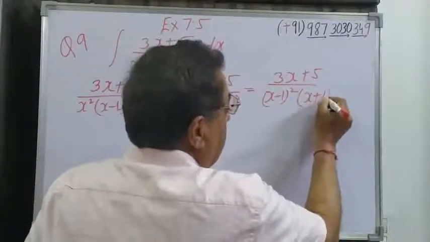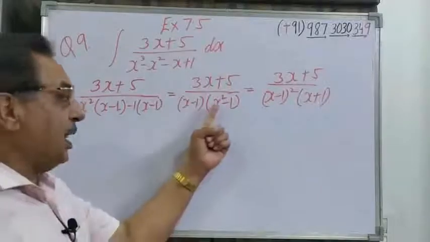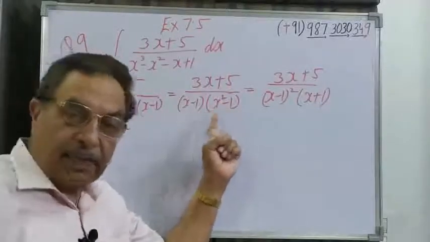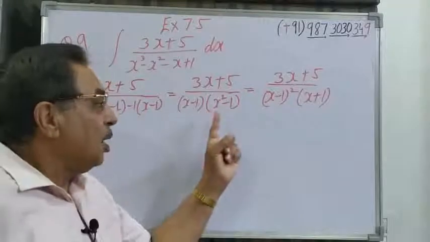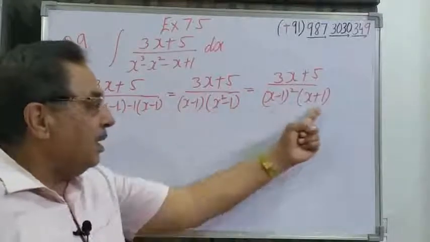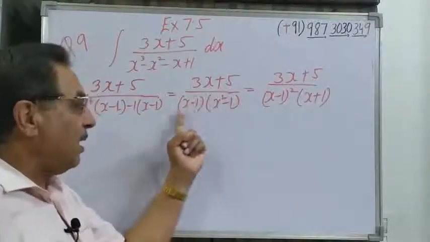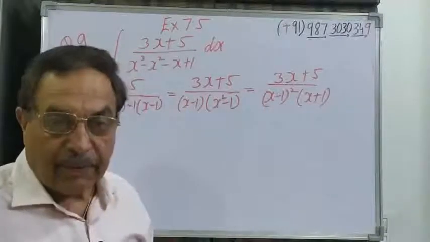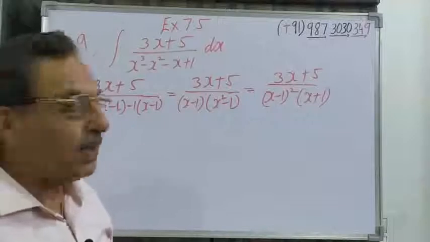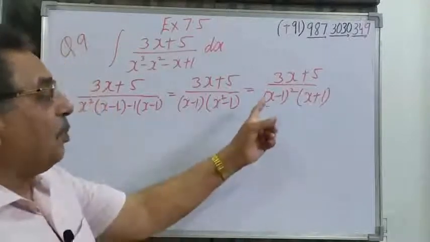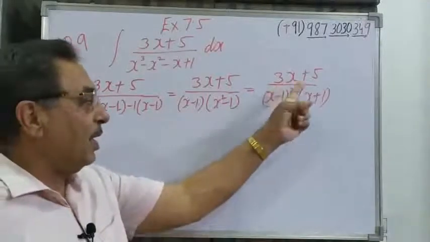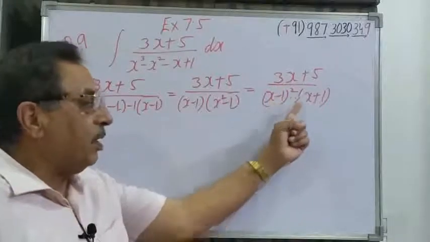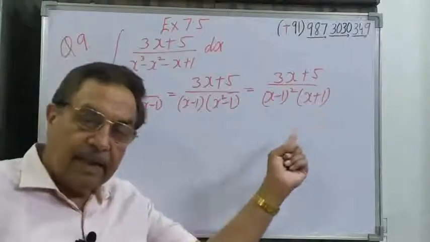What I have done here is factorize x square minus 1, a square minus b square, a plus b into a minus b. So a plus b is written here, a minus b, already x minus 1, x minus 1, so we have got repeated factors right here. Now we are supposed to resolve into partial fractions where one is a repeated factor and another is simply a linear factor.